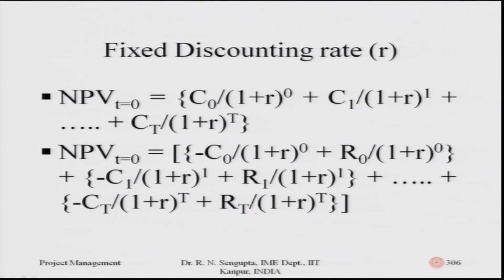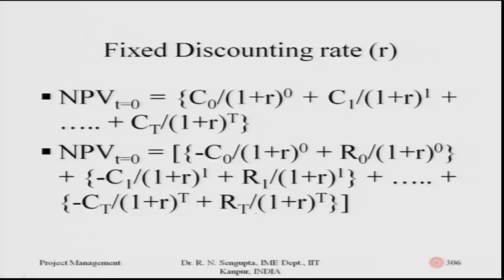For the first term it is 1 plus R to the power 0, for the second term 1 plus R to the power 1, till the last term, 1 plus R to the power t. These are the discounting factors used to find the present value of the money: C1 after time period 1, C2 after time period 2, and the last value being Ct after time period capital T.